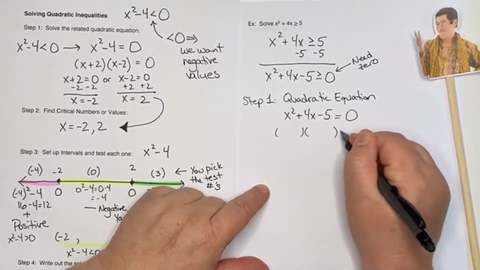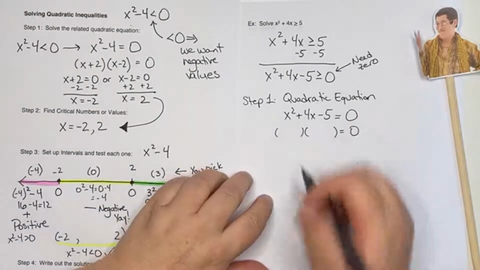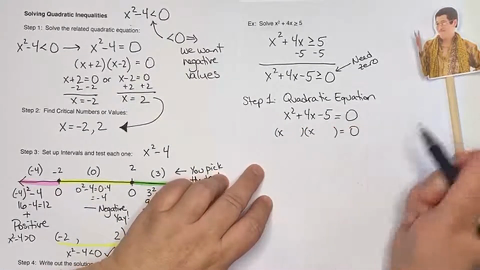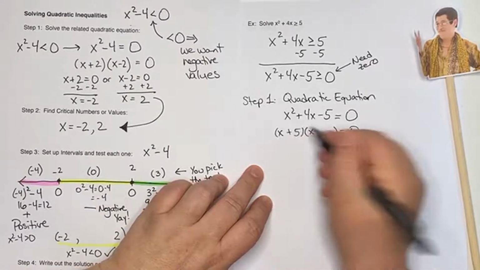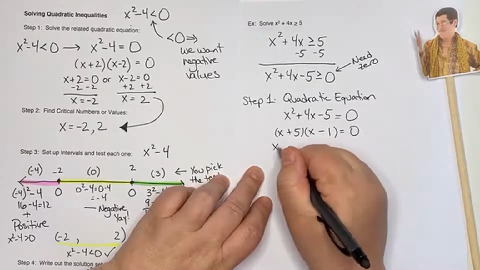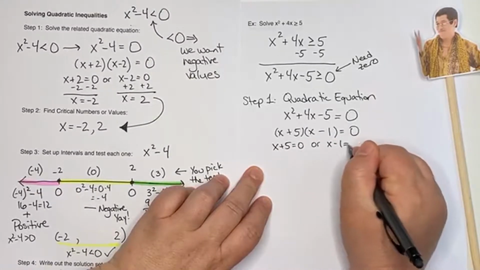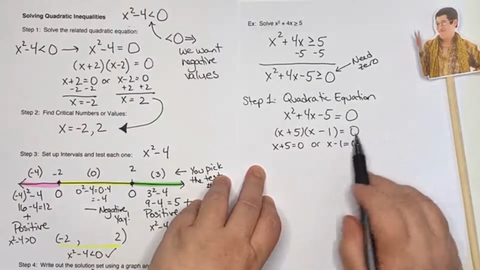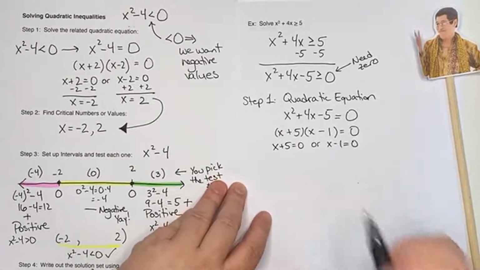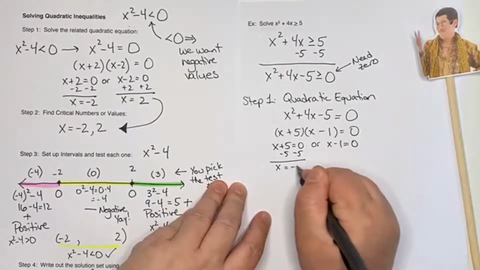There are a lot of ways you can do this. I'm going to go ahead and factor it because it's not that difficult. I've got x and x, and then I think it's plus 5 and minus 1. I believe that's how it went. So then I've got x plus 5 equals 0, or x minus 1 equals 0. Right? I factor it, and then I split it up into the two possibilities, and then I solve each of these.